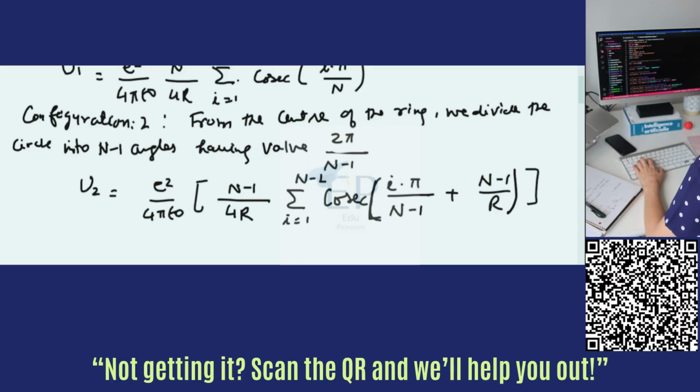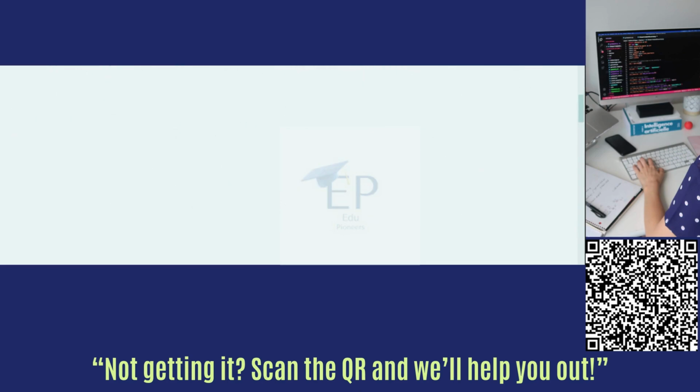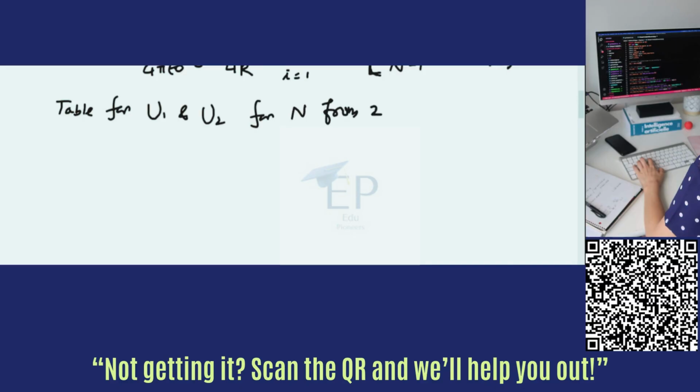Now we have to form the table for the initial energy and energy of one configuration to other for electrons n is equal to 2 to 16. See here, table for U1 and U2 for n from 2 to 16.